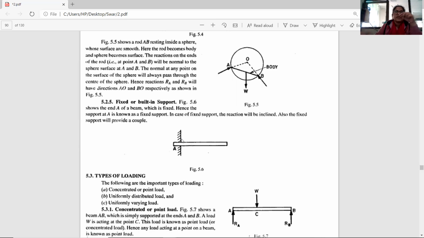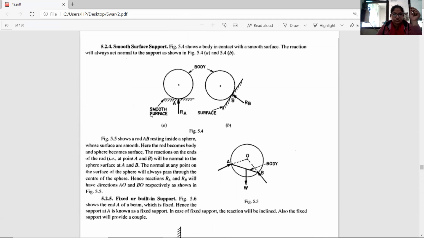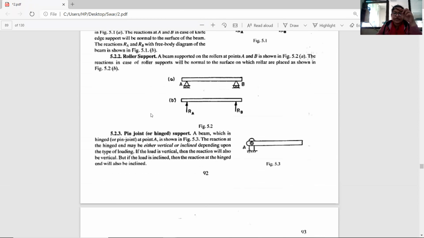Now in the pin joint, this is my pin joint. I just pinned it like this. In this pin joint my body can rotate like this, but it cannot move in the horizontal direction, and it cannot move in the vertical direction.